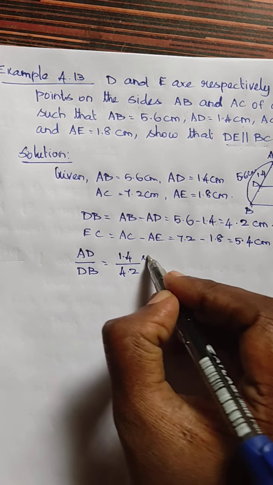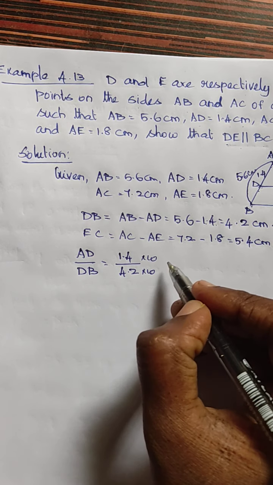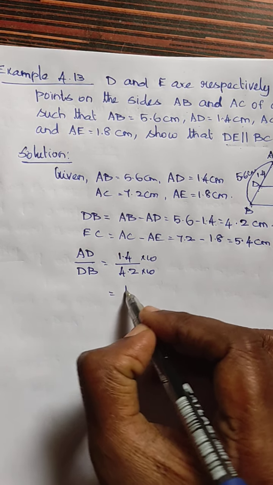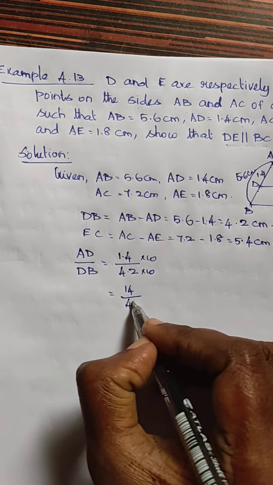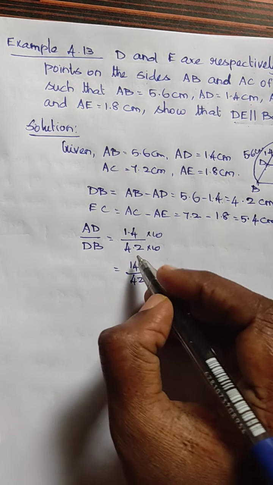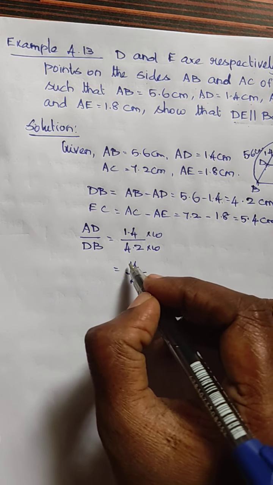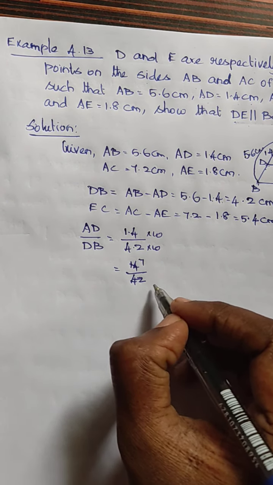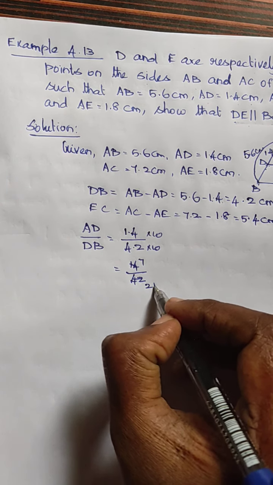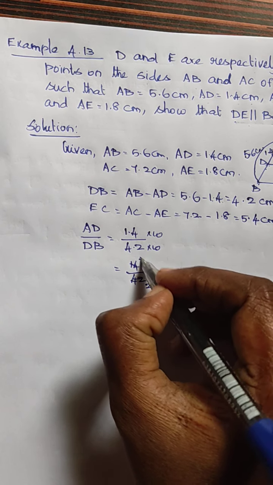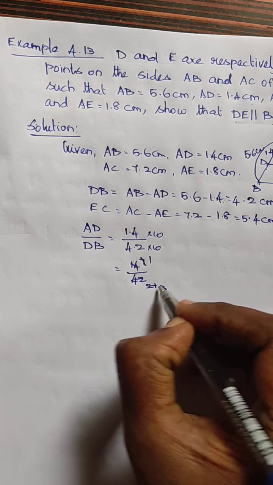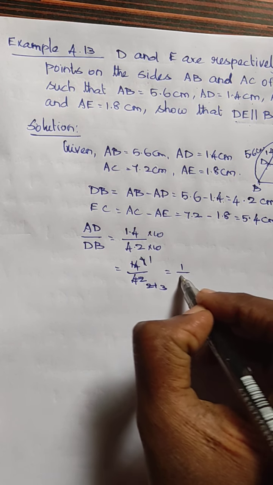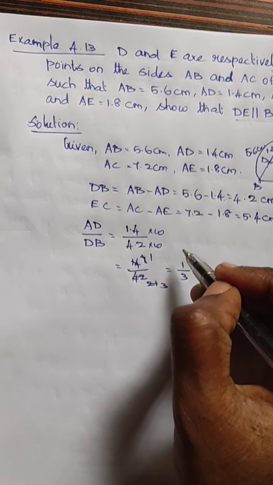When we multiply by 10, it becomes 14 by 42. So, we can cancel it by the 2 table: 2 7s are 14, 2 21s are 42. Again by the 7 table, 1 7 is 7, 3 7s are 21. So, this is equal to 1 by 3.